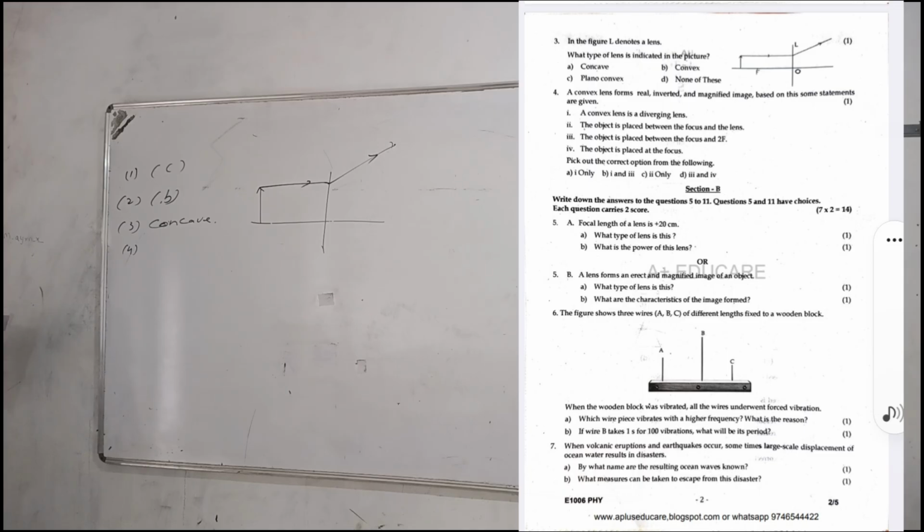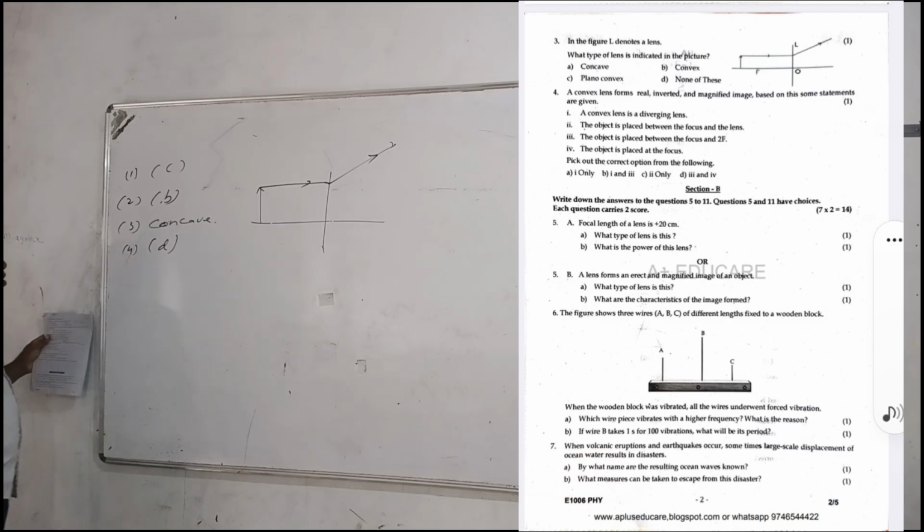You are not getting a magnified real image, so that is not correct. The object is placed between F and 2F. Yes, that is correct. And the object is placed at the focus. When the object is at the focus, we are not getting the image. Anyhow, the option given as third and fourth, that is D, is the correct option.